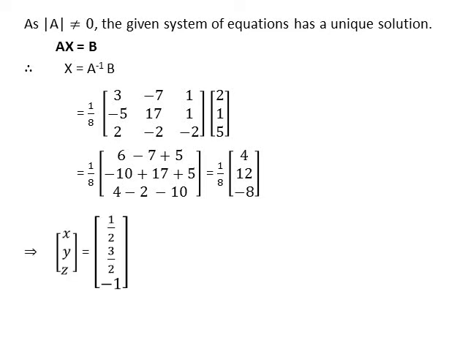In next step, multiply each element of this matrix by 1 upon 8 as shown. Now matrix X is a column matrix with variables x, y and z. Equate the corresponding elements of these two matrices. We get x equals to 1 by 2, y equals to 3 by 2 and z equals to minus 1.